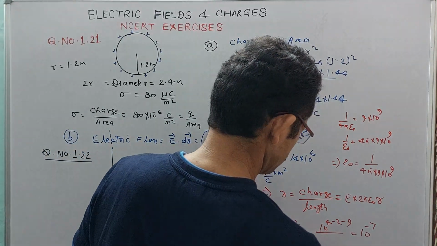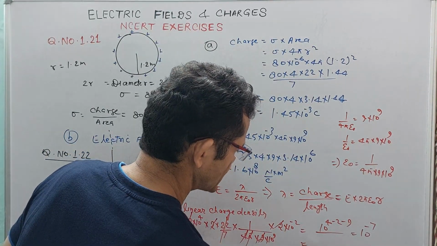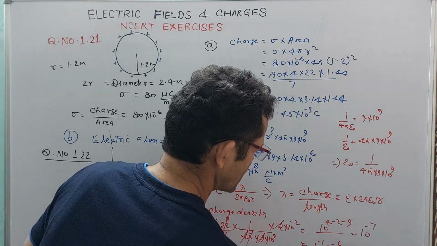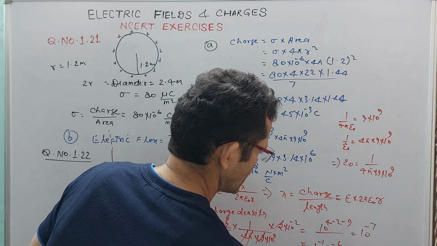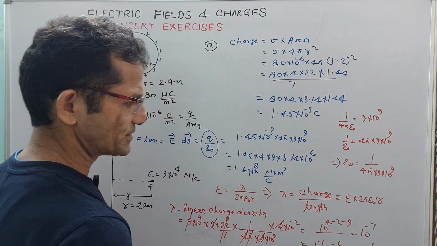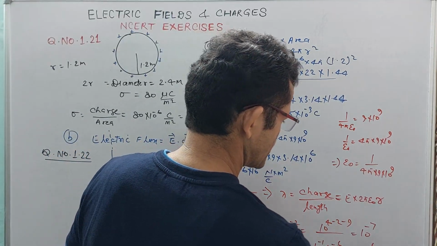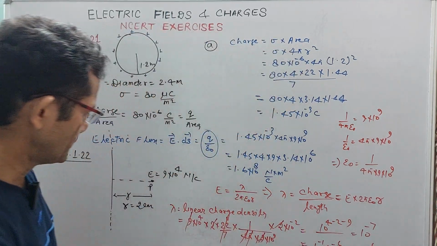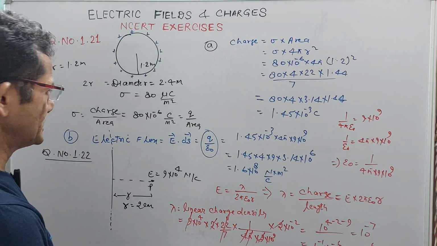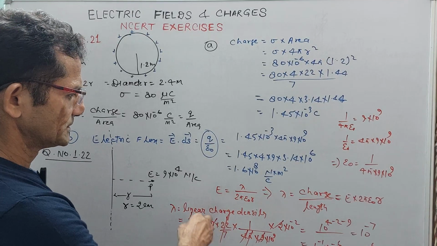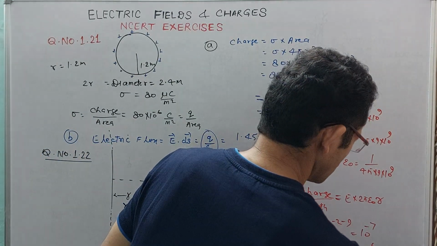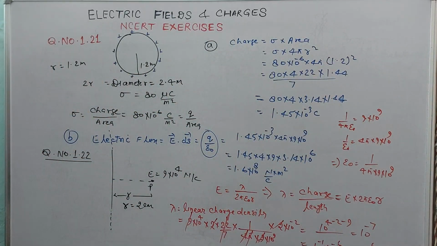We write it as 10 to the power minus 1 into 10 to the power minus 6. 10 to the power minus 1 is 1 upon 10, so 0.1, and 10 to the power minus 6 is micro. So 0.1 micro, and the unit of lambda is coulomb per meter. This is the answer of this part.